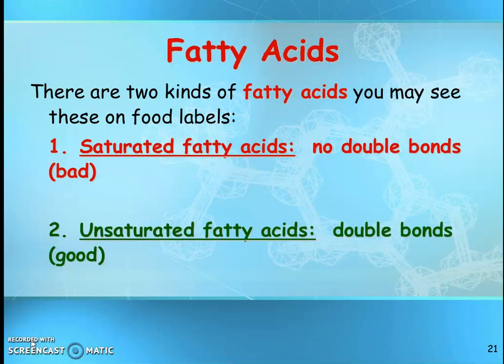Examples of unsaturated fats are vegetable oils such as olive, peanut, safflower, sunflower, soybean, and corn. Unlike saturated fats, unsaturated fats do not raise blood cholesterol or low density lipoprotein, so they are considered good. Saturated fatty acids are considered bad because they raise the bad cholesterol.